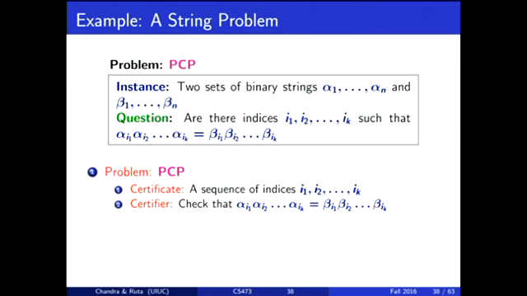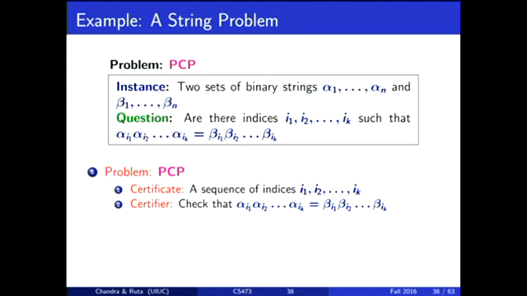Agreed? And you have to decide if the following is true. There are different lengths and different strings. Can I take these strings, use multiple copies, and concatenate them so that I get two equal strings?